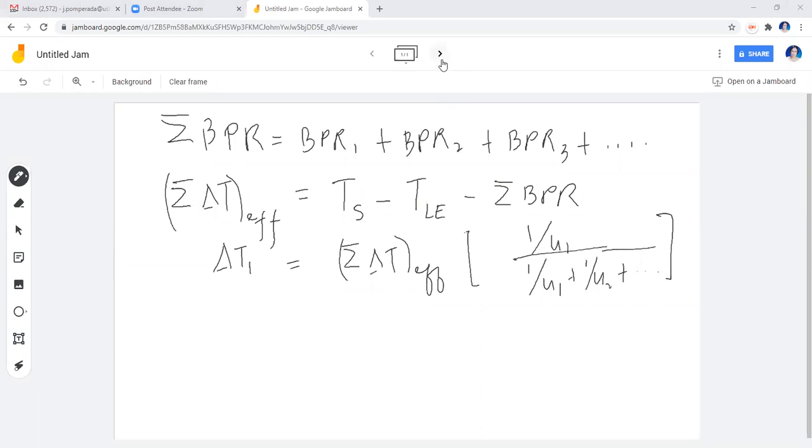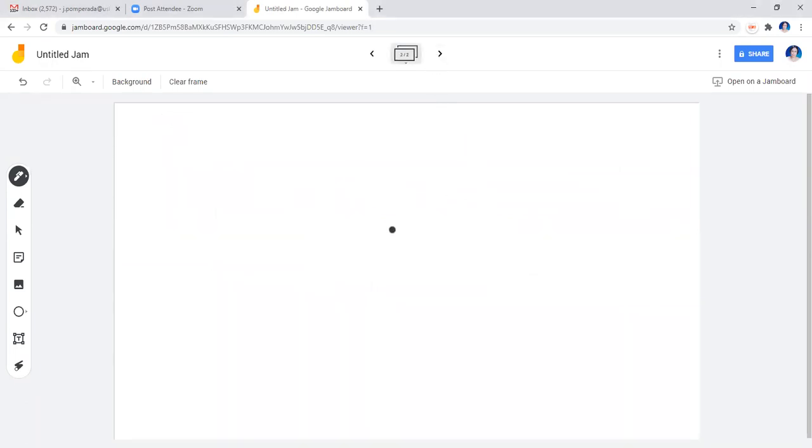Now, what about the temperature distribution diagram for such a scenario wherein you have a BPR? This is what it's going to look like. I will just construct here a double effect evaporation system, that way it will not take much time.